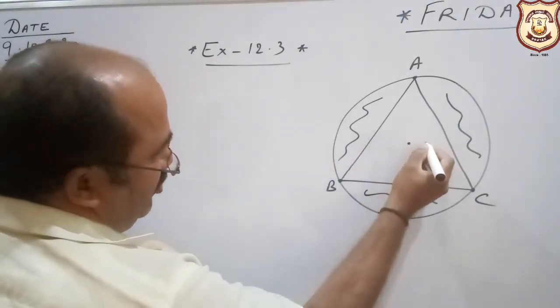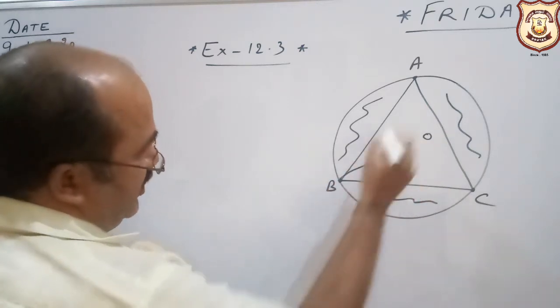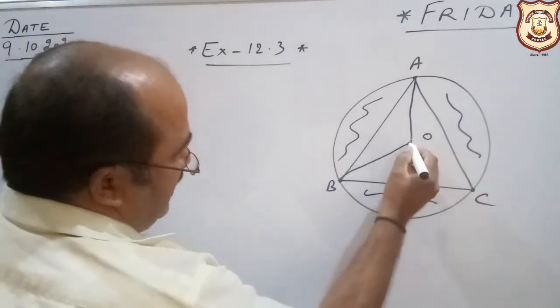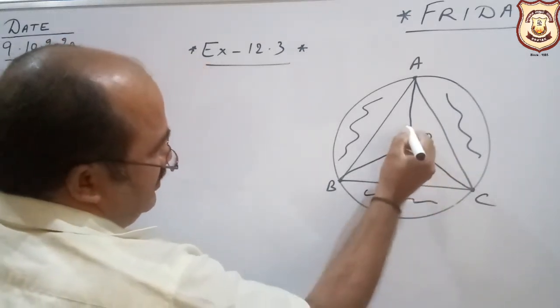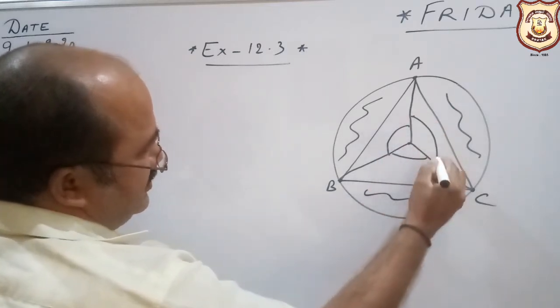So students, see, take center O, you can join OB, OA and OC. The triangle is equilateral, so these three angles are also equal.